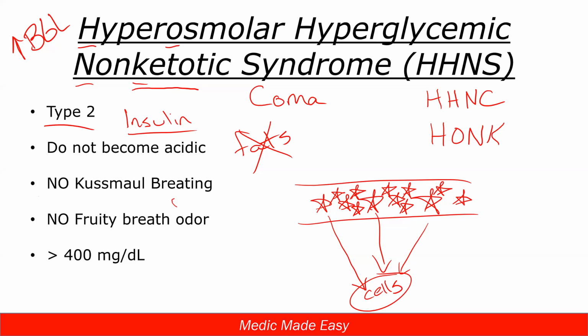They don't need extra insulin. Their body is still making some. So because we never break down fats, we never get those fatty acids, and we never get those ketones. So those two don't show up. That's why it's non-ketotic, because we're not breaking down fats that make the ketones.